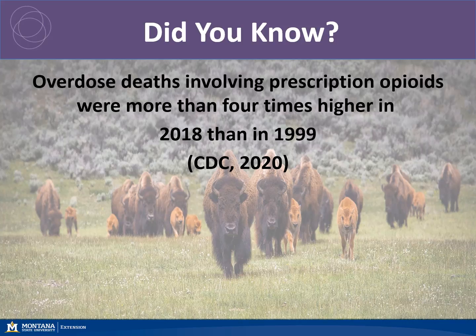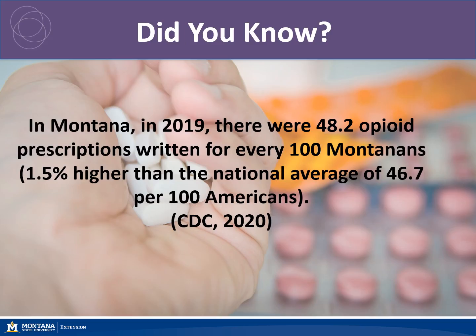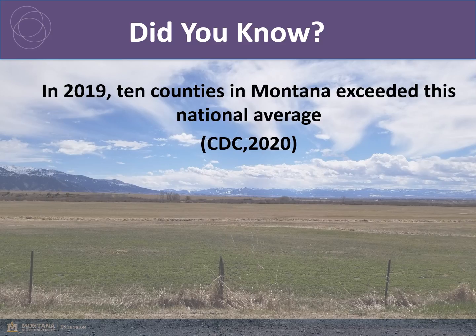Overdose deaths involving prescription opioids were more than 4 times higher in 2018 than in 1999. In Montana, in 2019, there were 48.2 opioid prescriptions written for every 100 Montanans. That's 1.5% higher than the national average of 46.7 per 100 Americans. In 2019, 10 counties in Montana exceeded this national average.